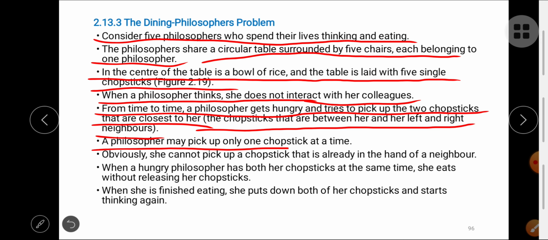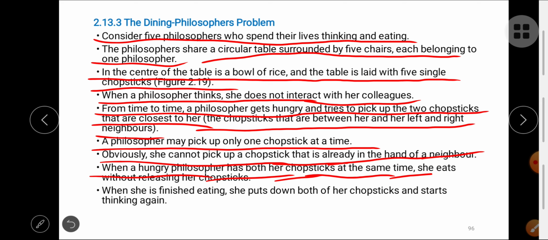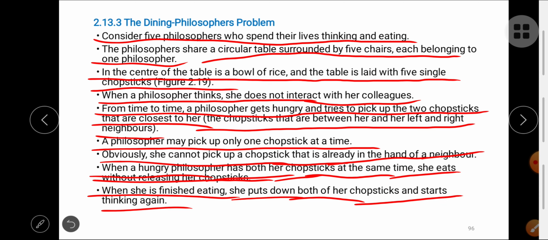A philosopher may pick up only one chopstick at a time. Obviously she cannot pick up a chopstick that is already in the hand of a neighbor. When a hungry philosopher has both her chopsticks at the same time, she eats without releasing the chopsticks. When she is finished eating, she puts down both of her chopsticks and starts thinking again.